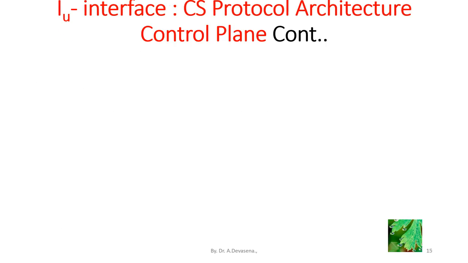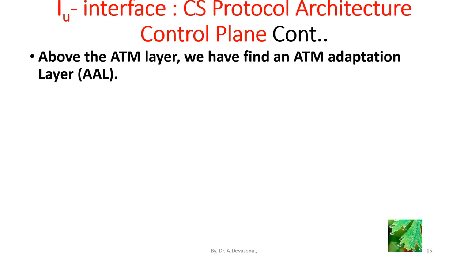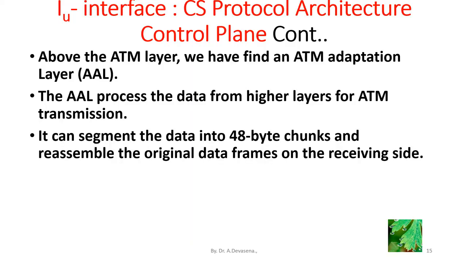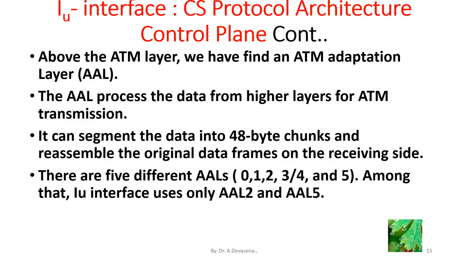Above the ATM layer, we have an ATM adaptation layer, AAL. The AAL processes the data from higher layers for ATM transmission. It can segment the data into 48-byte chunks and reassemble the original data frames on the receiving side.